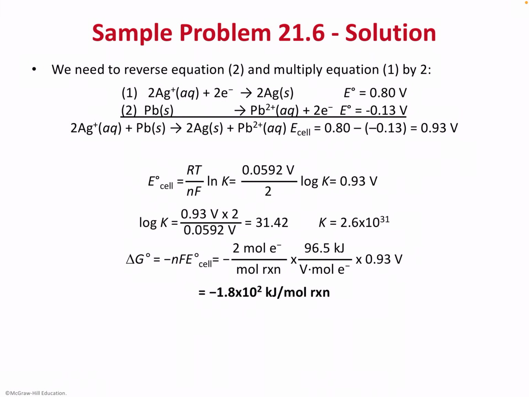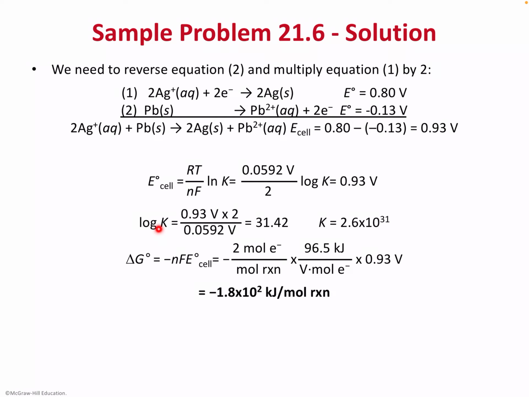So to find out the K, we can use E naught cell equals RT over nF ln K, which is similar to 0.0592 volts over n, where n is the number of electrons, 2, times log K, and E naught cell is 0.93 because we found E naught cell 0.93. So the thing that we don't know in this equation is the K, so we can find K.